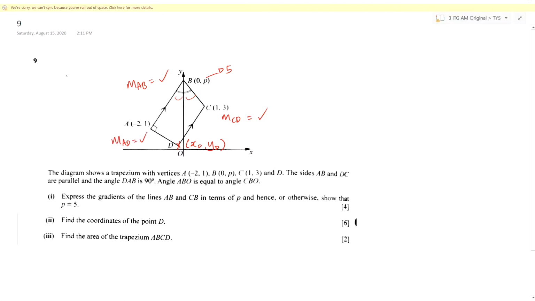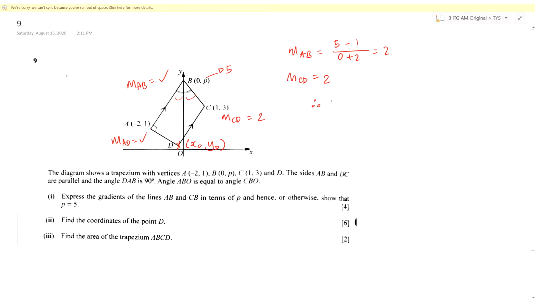So let's get started. Gradient of AB is 5 minus 1 over 0 plus 2, which is 2. So this gradient of AB is the same as the gradient of CD because they are parallel. So this will also be 2. Now we are going to find the equation for CD, because we now have the gradient and we have one set of coordinate.